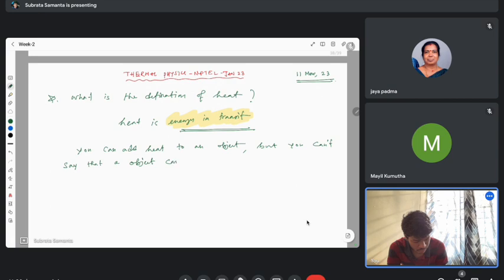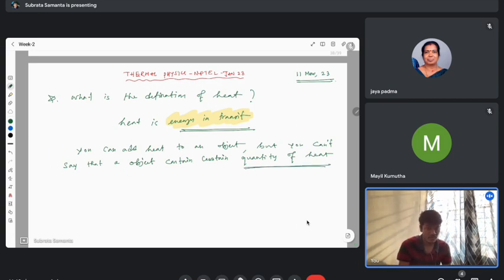But it contains a certain quantity of energy. So an object contains a certain quantity of energy, but not a certain quantity of heat. So heat is always energy in transit. That is the basic definition of heat.